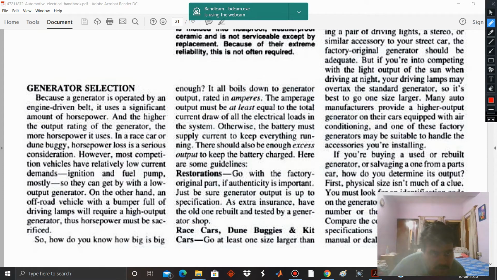So the power output, P out, is proportional to the HP rating.